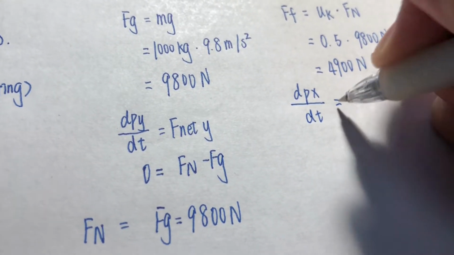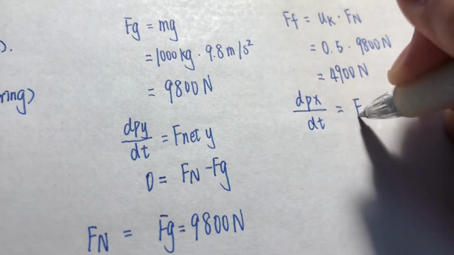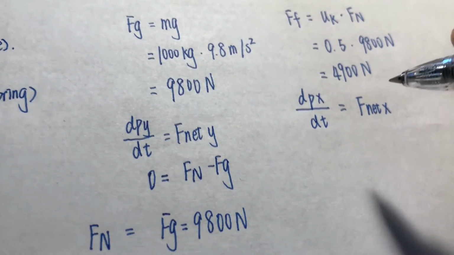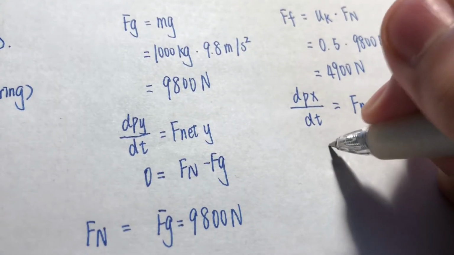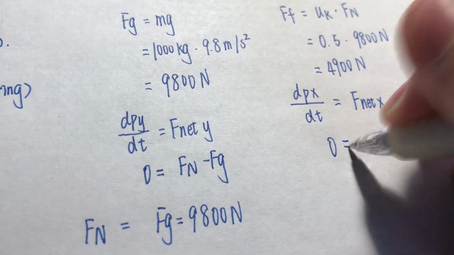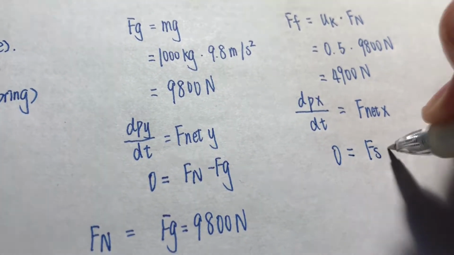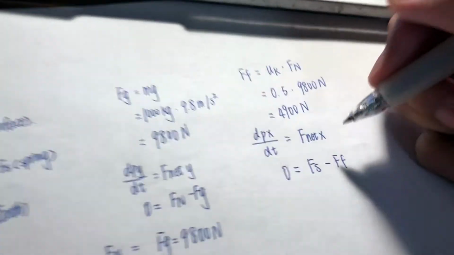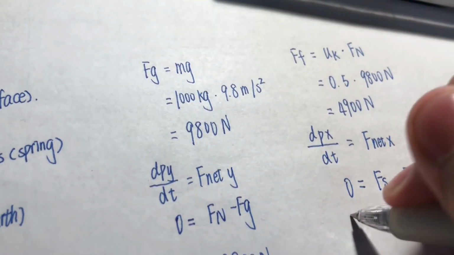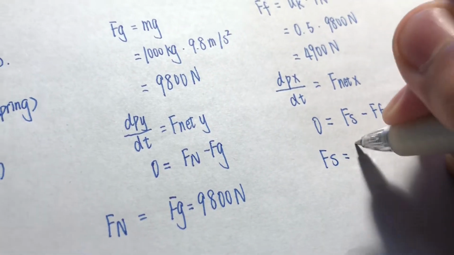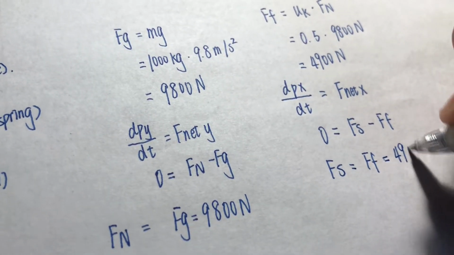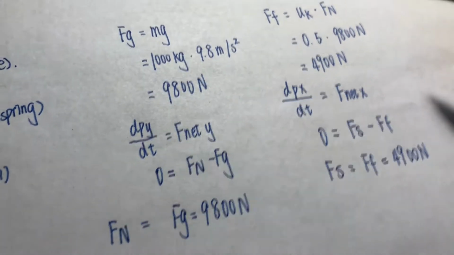So we write dpx over dt equals Fnet x, and on the left side 0 equals Fs minus Ff, because these are the two forces that cancel each other out. And Fs equals Ff equals 4900 newtons.